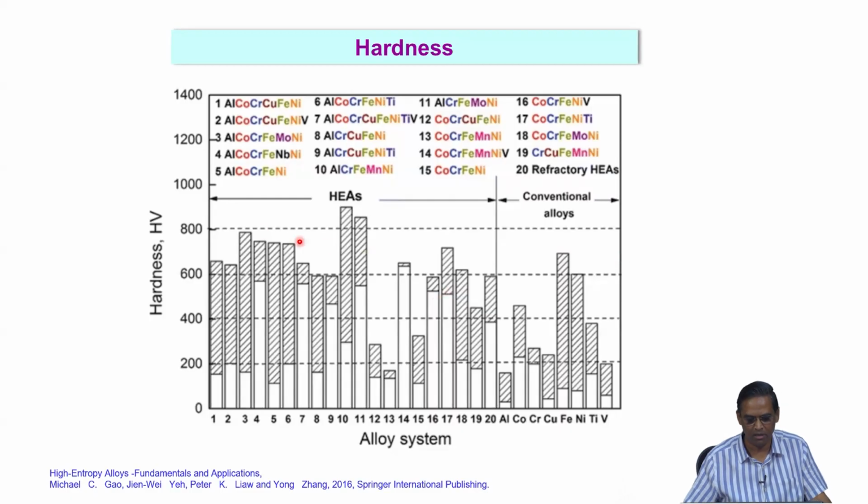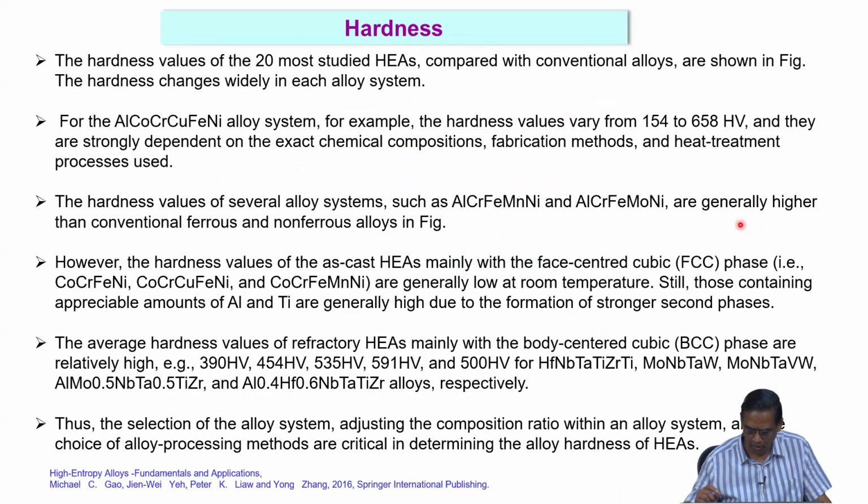All these conventional mechanisms still operate, but nevertheless the high entropy effect is also one of the primary strengthening mechanisms. So we will look at these hardness values, and what the contributions are for this class of materials.